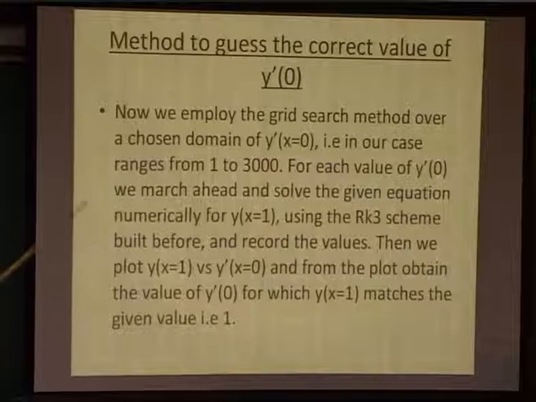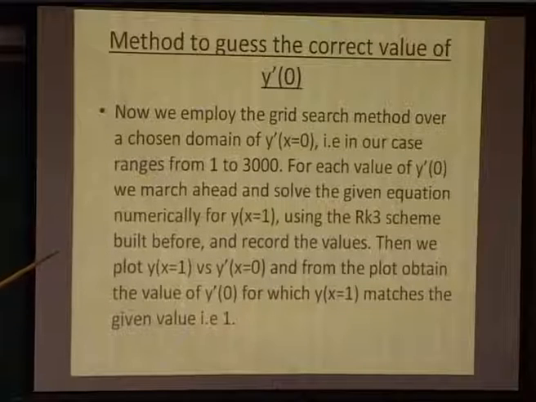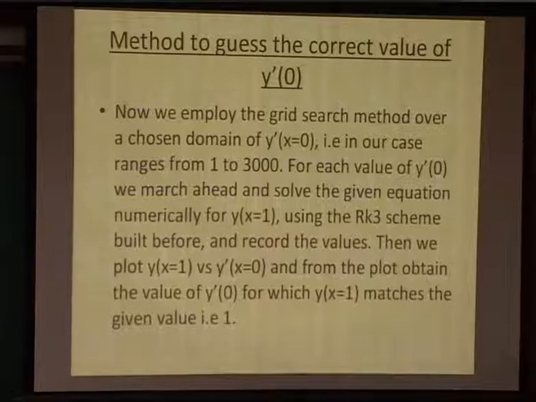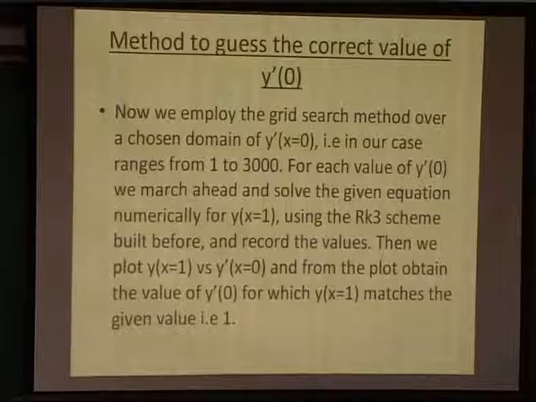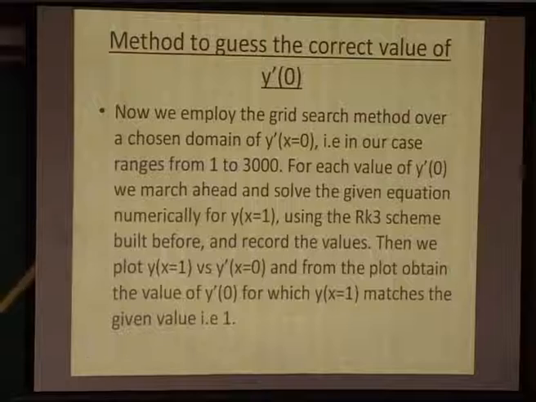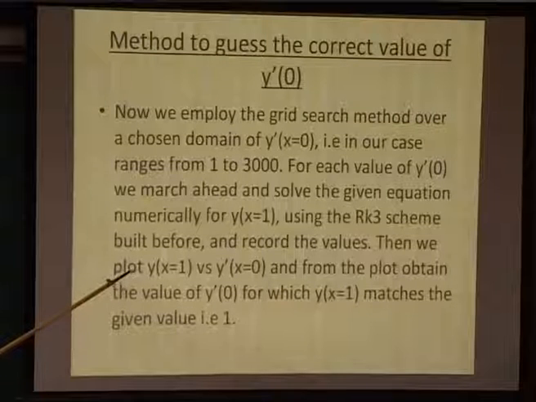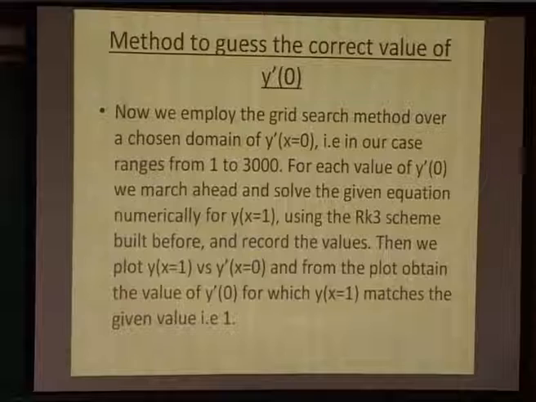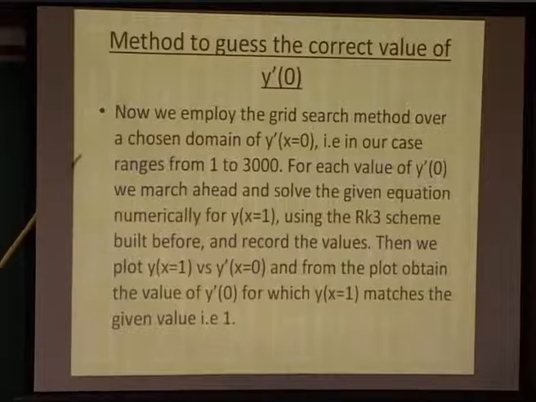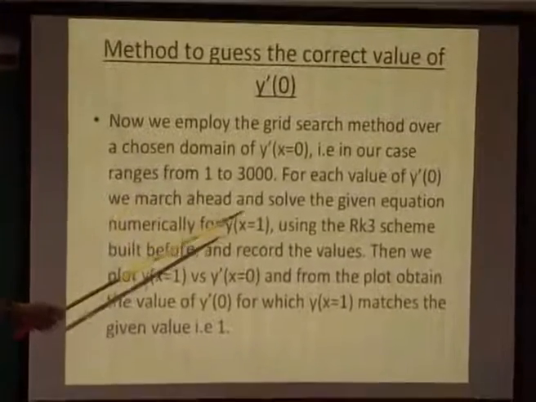This is how we moved on. We had to assume a certain value for y prime at x equal to 0 in order to march ahead and compute the solution numerically. So we employed the grid search method, in which we restricted a particular domain for y prime at 0, from 1 to 3000.